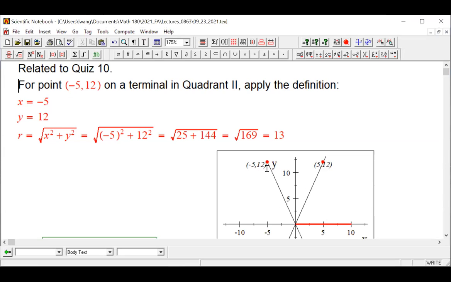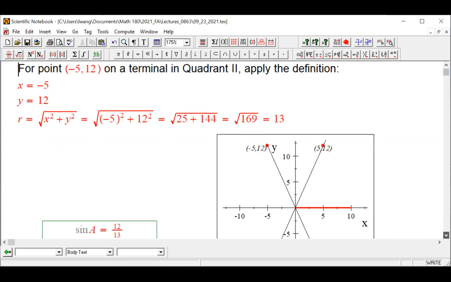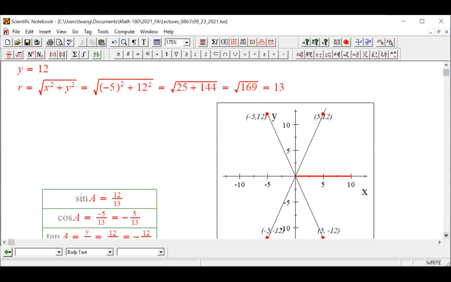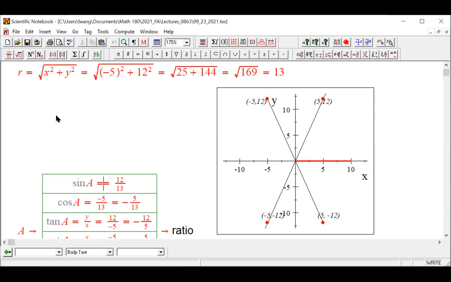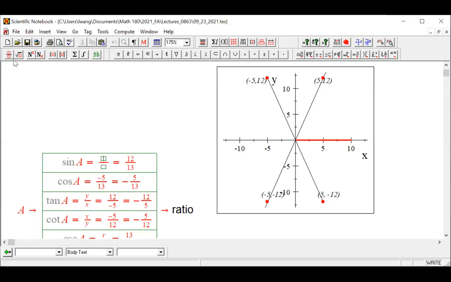Negative 5, 12. In the second quadrant, sine, y is used, right? Y is used. Y over r. If y is positive on the second quadrant, and sine is defined by y over r, therefore the ratio is positive. So sine is positive in the first two quadrants.